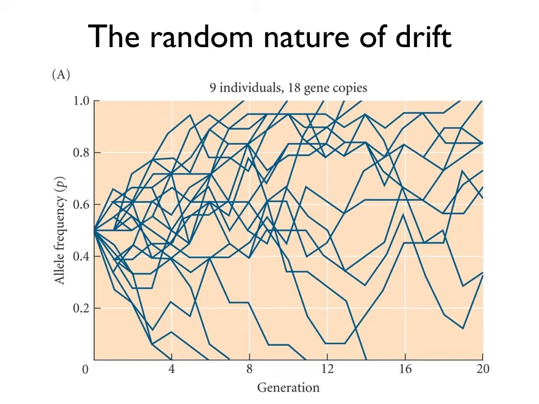And there are a bunch of different simulations here of the same principle, just to show that when it's random, the frequency can go any direction. It can jump by large leaps, or it can change by very small amounts. It's all very random. But what I want you to get from our discussion of genetic drift is 2 things.